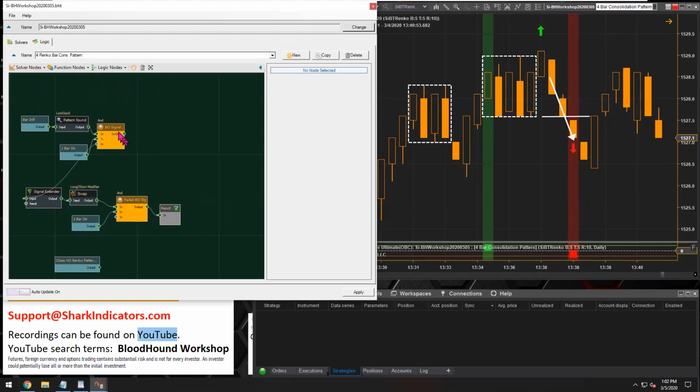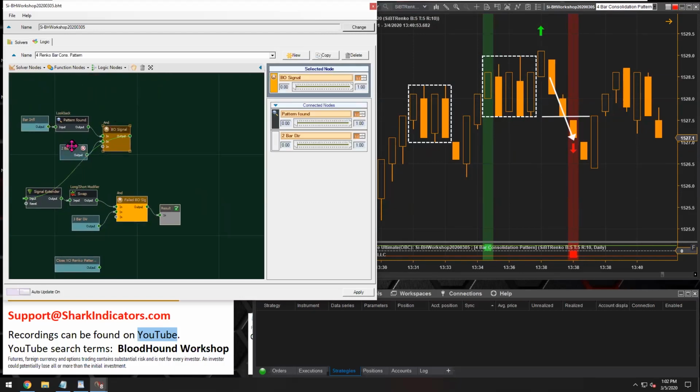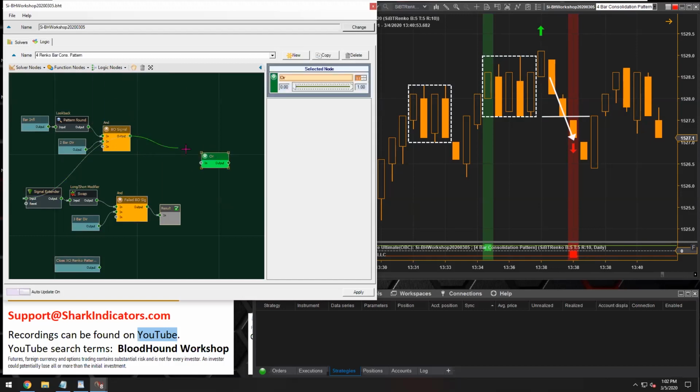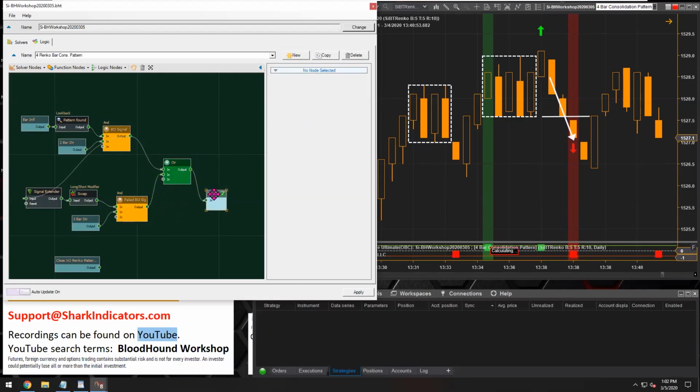Cool. So next step is we need an OR node, and we can connect both of these signals together like so. There.